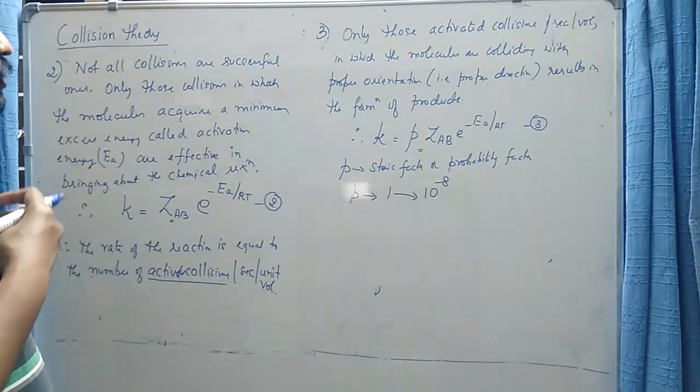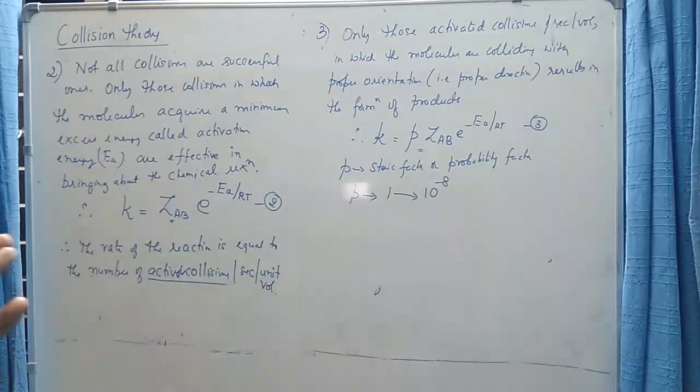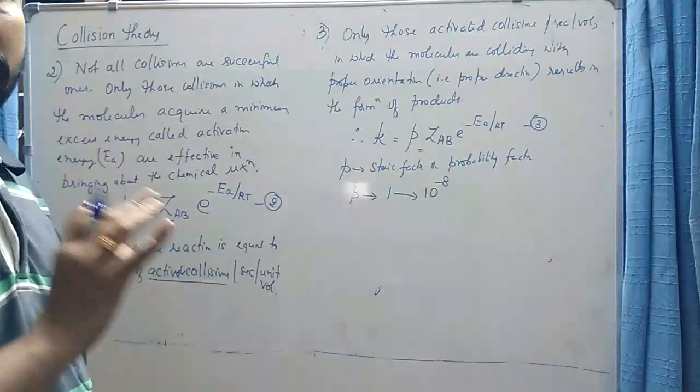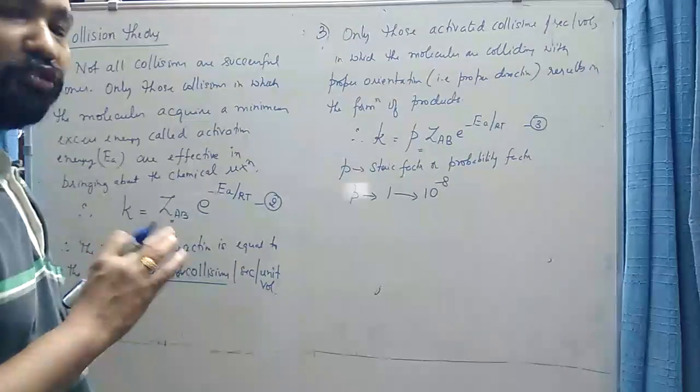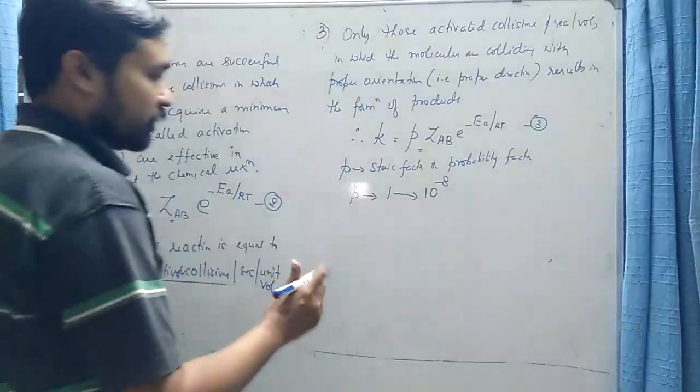The advantage of collision theory is that it gives a very simple picture of how the reaction takes place and what are the different factors that affect the rate of the reaction. Though this is a very simple theory, it has several limitations. So what are the limitations of collision theory? Let us understand. We have more limitations than advantages.